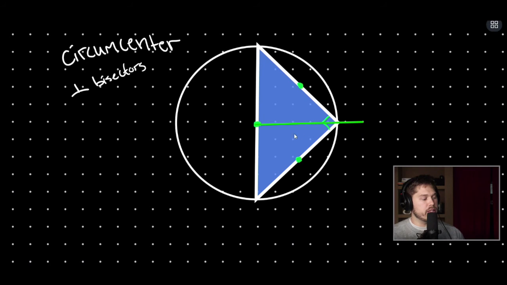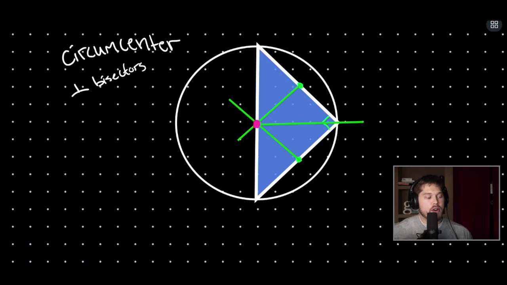So here's a perpendicular. With this one, there's a perpendicular. And this one here is a perpendicular. So notice that for a right triangle, the intersection is again the center of our circumscribed circle. Of course it is, that's the definition.